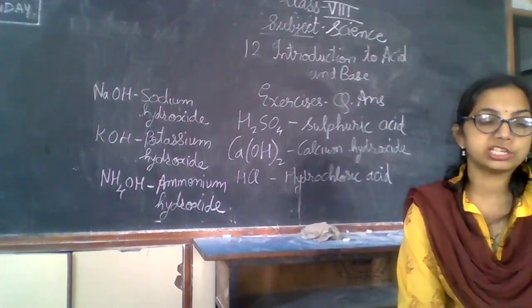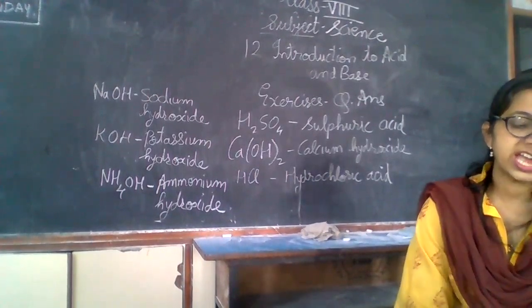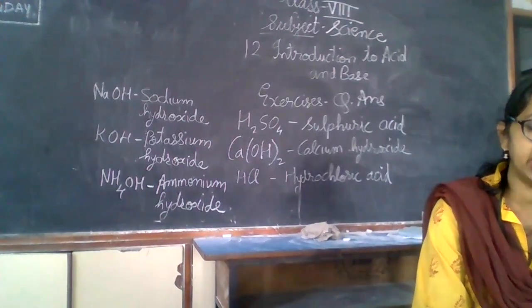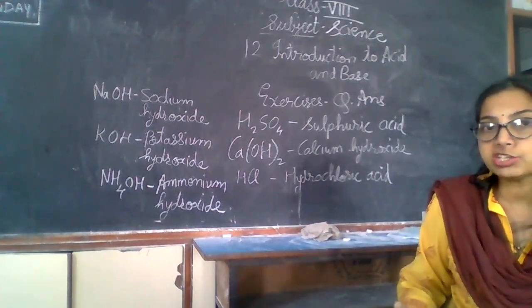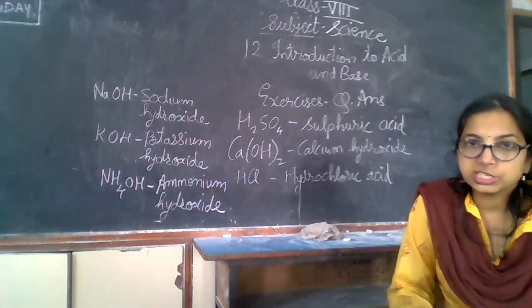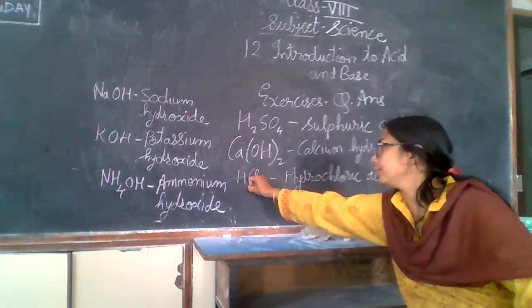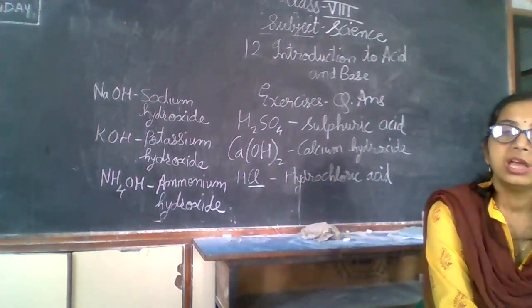Next, we have to give answers to the following. Fourth question: which acid is used for getting chloride salt? Chloride salt is available in hydrochloric acid. Cl, chlorine, is present here. That's why the answer is very simple.